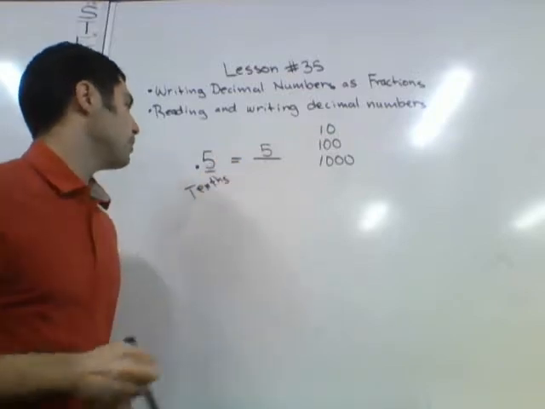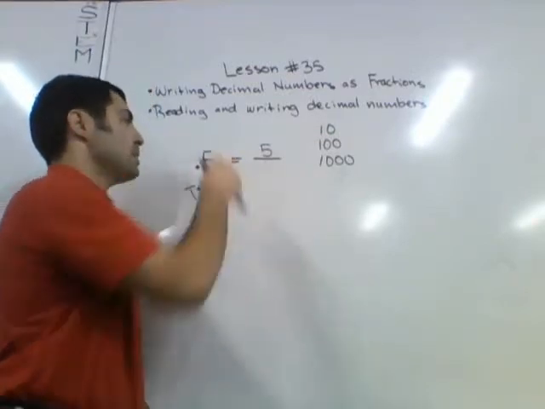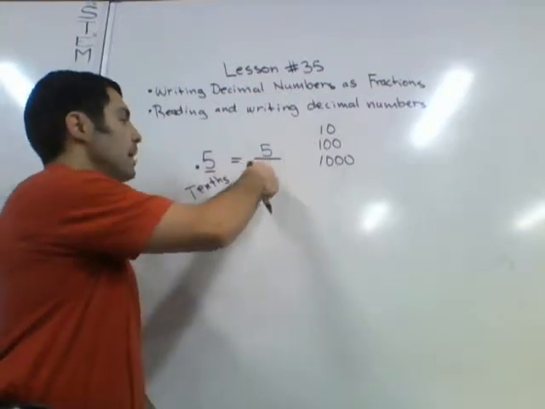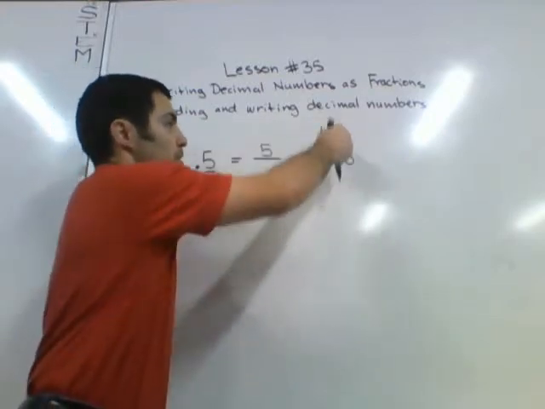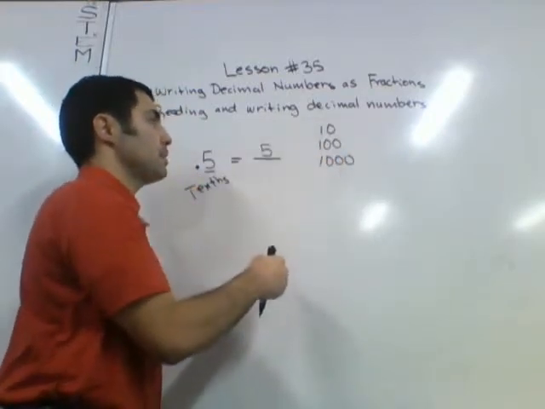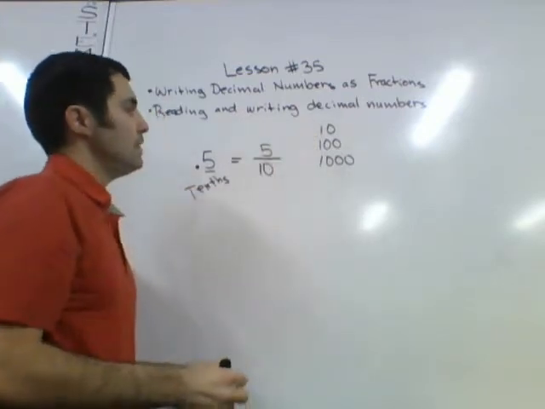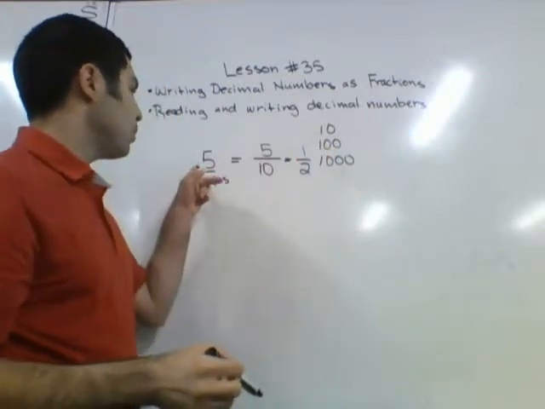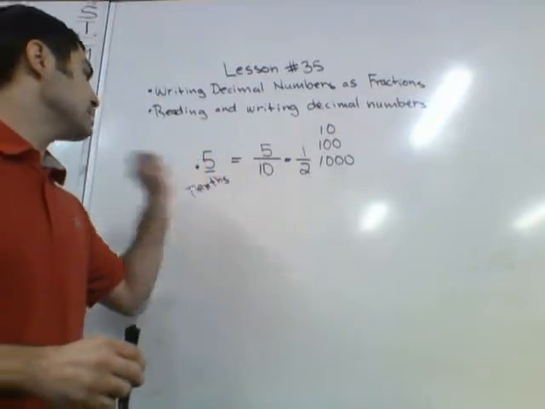Whatever place in relation to the decimal the number is, that is what indicates the denominator. Since this is in the tenths spot, which one of these numbers goes in the denominator? Clearly 10. And then you can reduce that to 1/2. Everyone knows that 0.5 is 1/2. You guys should memorize a lot of these decimal numbers.